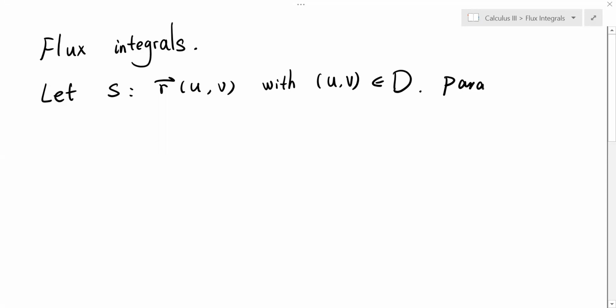And this S is the parametric surface that we will be working with.